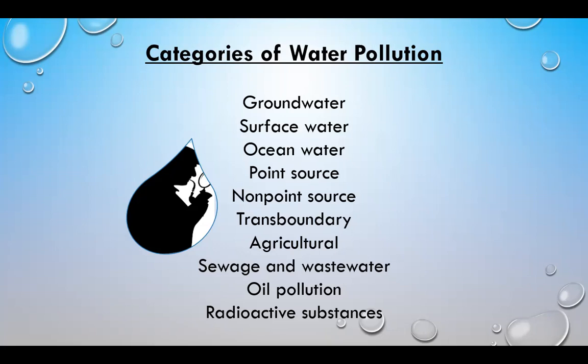All these contaminants get into the waterways each time it rains. Now, sewage and wastewater, from residential places and even business places, where sewage and wastewater tanks are being drained away, are also major pollutants.